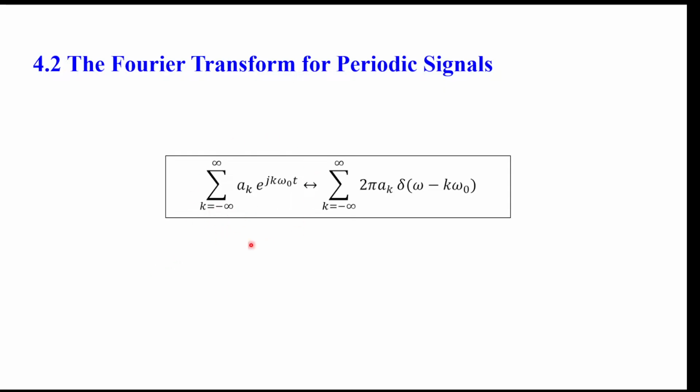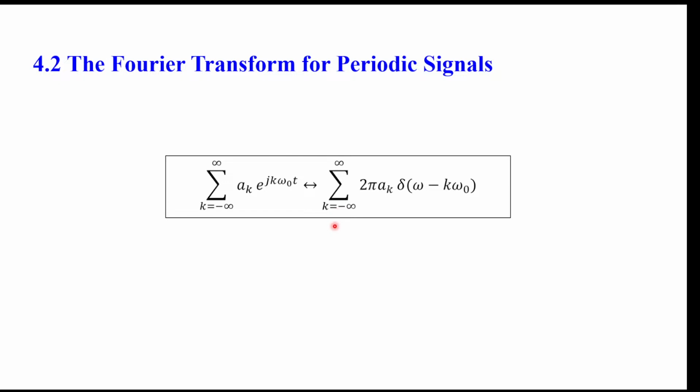Then for periodic signals, you can always write them as a linear combination of e to the jk omega naught t, so you can Fourier transform them to a linear combination of those delta functions. So this is the Fourier transform for periodic signals.